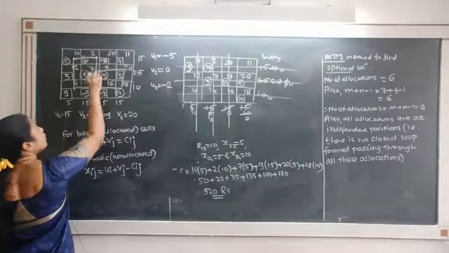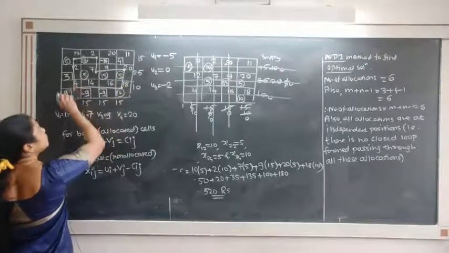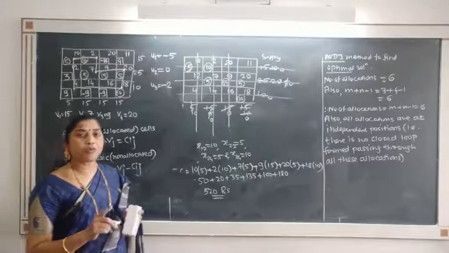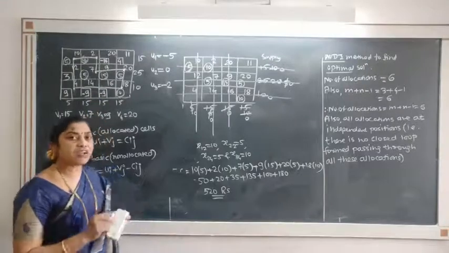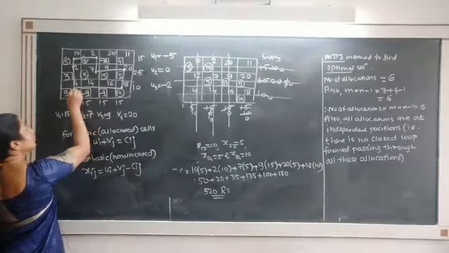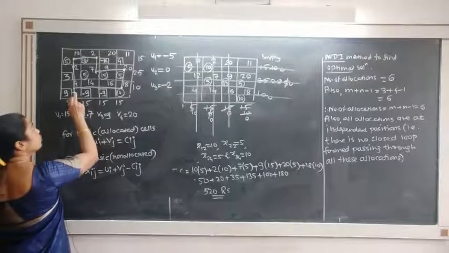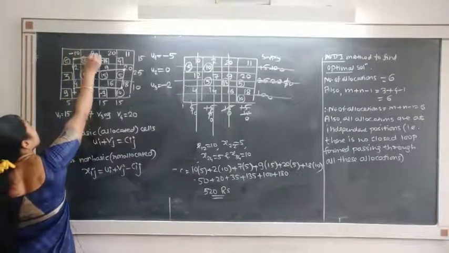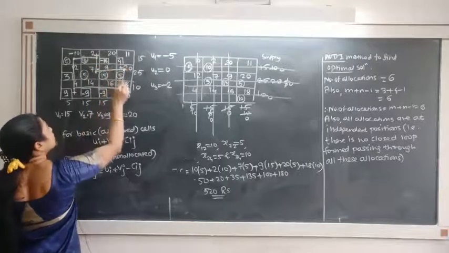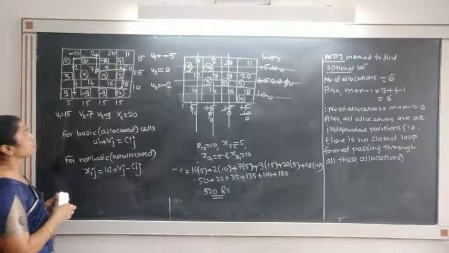So at every corner point there should be allocation. So this is the closed loop such that every corner point except the starting one should have allocation. Now starting with plus, we will give alternate signs. So plus minus plus minus plus minus. There should be alternate plus minus signs.